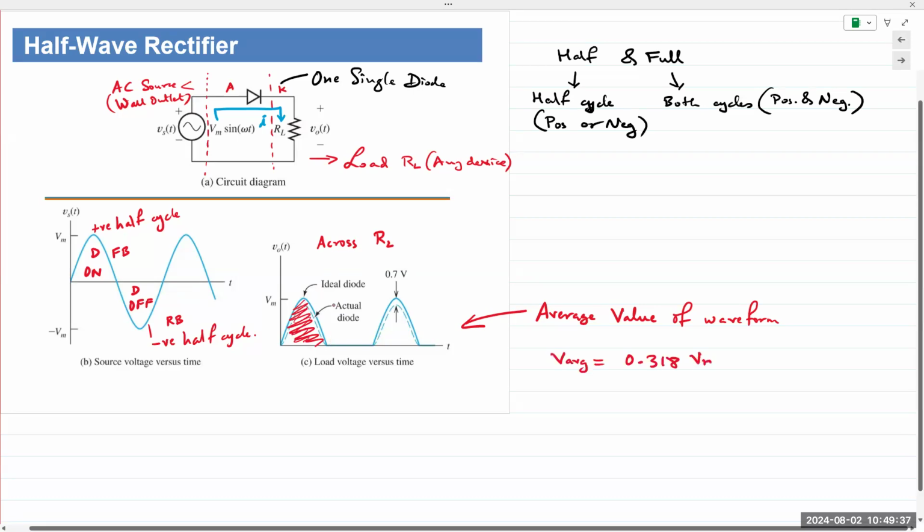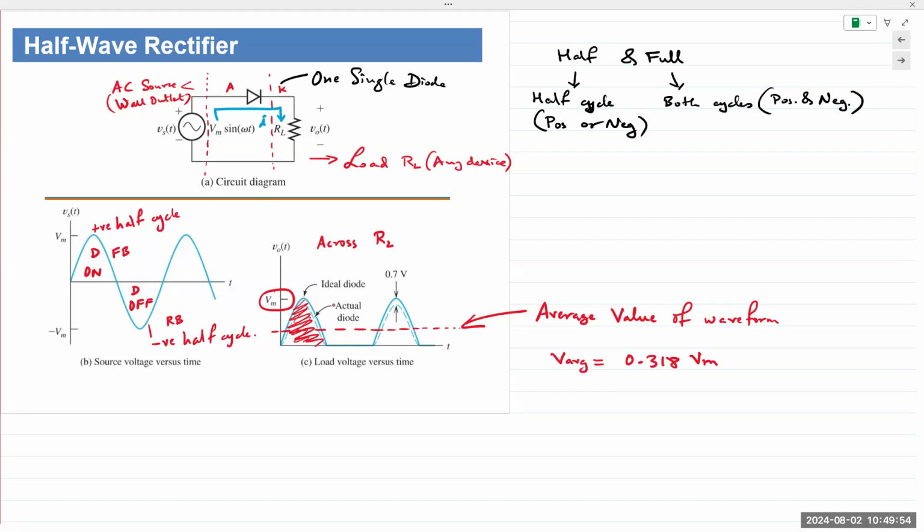So if the AC waveform had a peak value of Vm, which is right here, 0.318 Vm would be somewhere here. And I always like to use the analogy of a mountain of dirt. If you completely flatten out that mountain, that's the average value of that waveform.